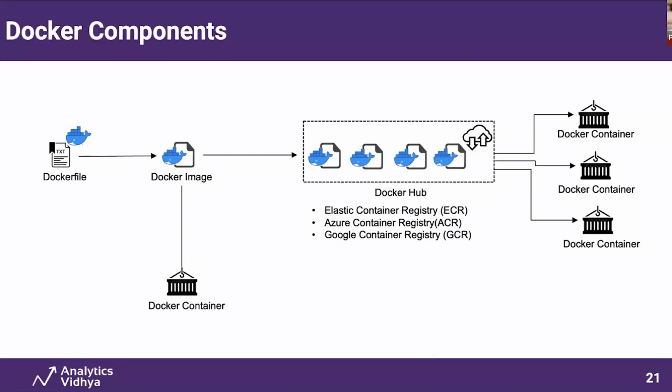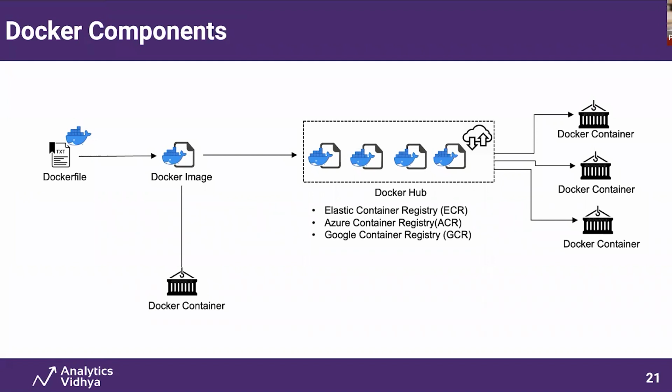Some of you might be using Azure, AWS or Google Cloud, and each of these clouds has its own container registry. So you don't need to push everything to, let's say, Docker Hub. If something is confidential and has to stay within the system, then you could use Elastic Container Registry, which is provided by AWS. And then you have Azure Container Registry and Google Container Registry also.